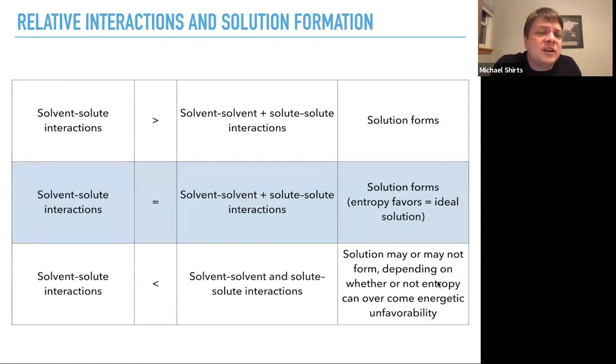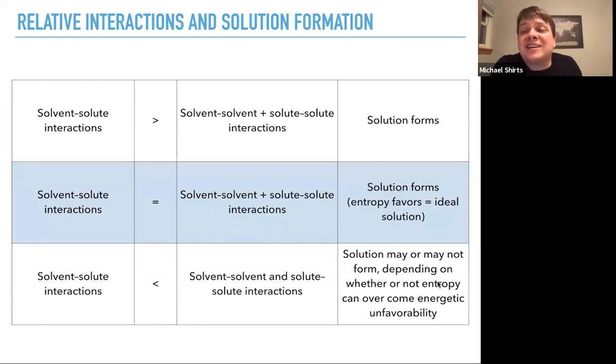If the solvent-solute interactions are of about equal strength as the solvent-solvent plus solute-solute interactions, then a solution will form. That's an ideal solution. It's like ideal gases mixing. They don't care whether their neighbors are solute or solvent, so they just mix. And finally, if the solvent-solute interactions are less strong than the solvent-solvent plus solute-solute interactions, then it may or may not form. Then you've got a tug of war.